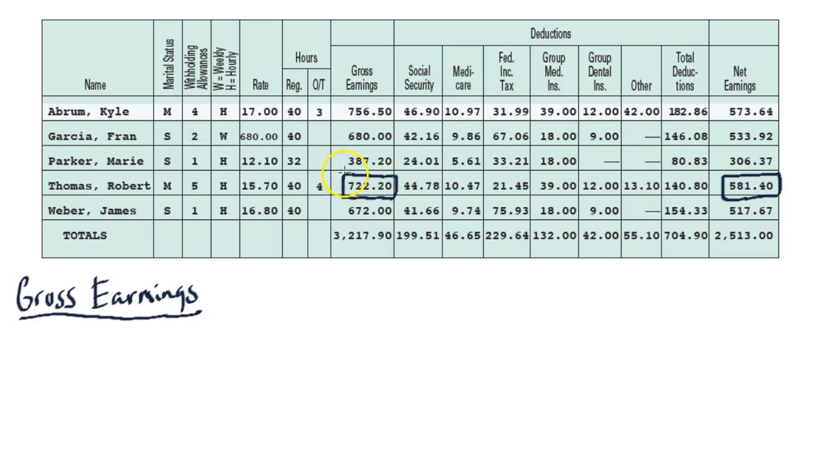So for the gross earnings, we need to look at the first 40 hours and then multiply that by the hourly rate. So 40 hours is going to be at the $15.70 rate. So 40 hours, he's making $15.70 an hour. And then any overtime, which is 4 hours, he's making time and a half.